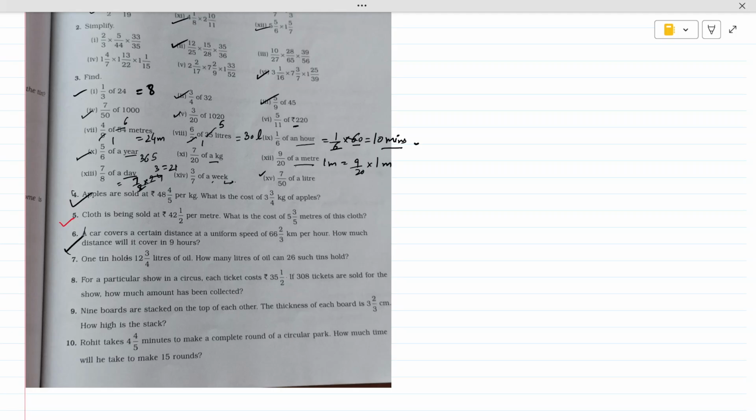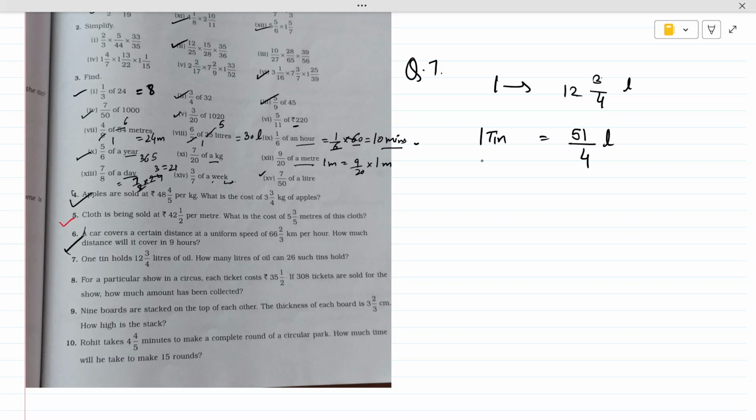This is easy. Question number 7: 1 tin can hold 12 3 by 4 liters. 12 into 4 is 48, 48 plus 3 is 51 by 4 liters of oil that 1 tin can hold.